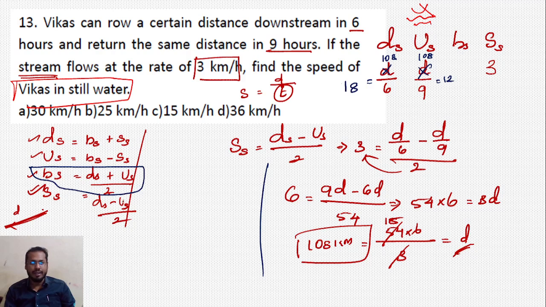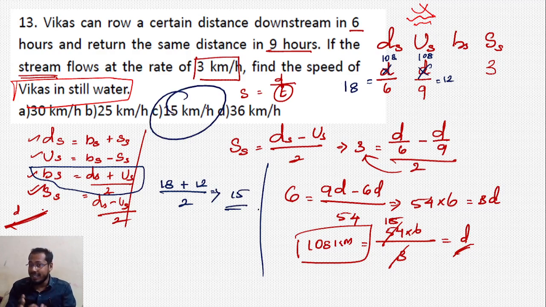So BS is equal to DS is 18 and US is 12, over 2. What is the value? 30 divided by 2, that is 15. I hope you guys got that. If you're not getting it, see this video once again slowly, and you will get the answer.